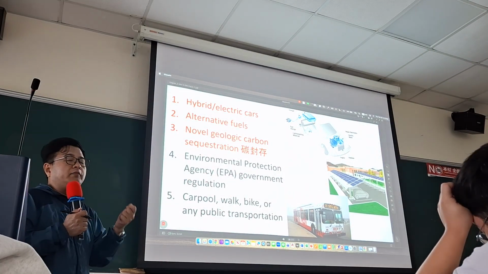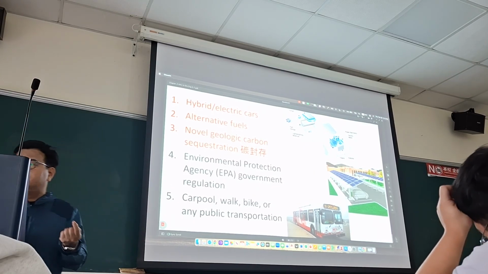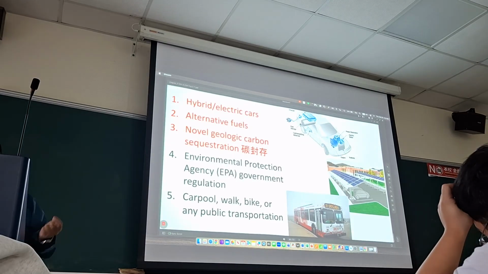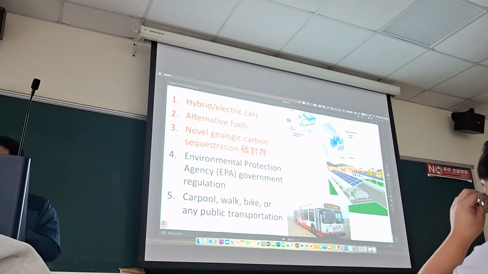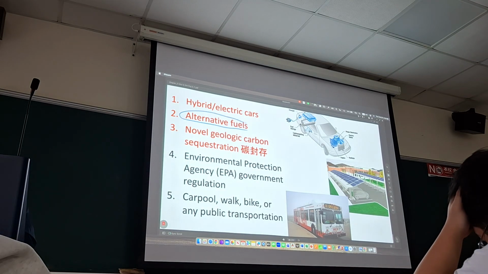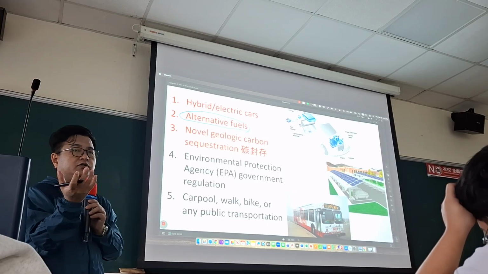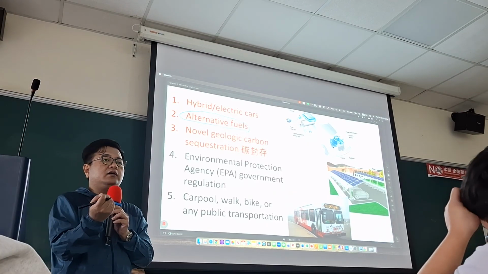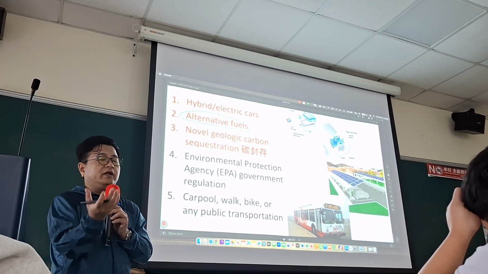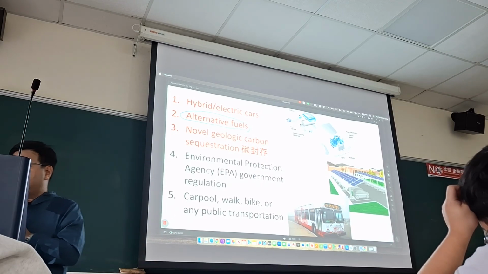Hybrid means a mix of oil and electricity. All-electric vehicles like Tesla, right? And we might also use some alternative fuels like solar energy, wave, wind power, right?